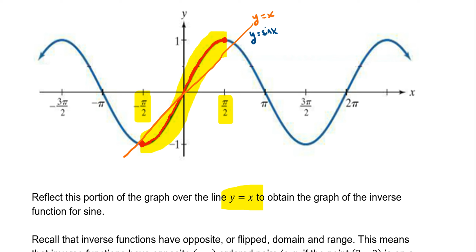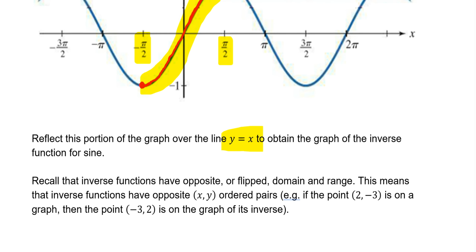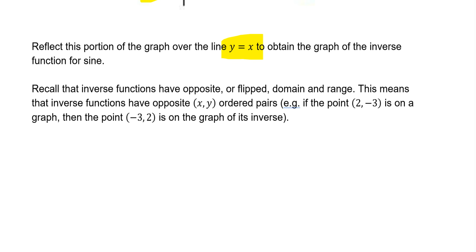That would give us the graph of the inverse function, which we'll see on the next page. Another last property that's going to be very, very important when we start to answer some of these questions is inverse functions have flipped ordered pairs. That means if we have the point (2, -3) for our function, then the point (-3, 2), flip the ordered pair, is on the graph of the inverse function.